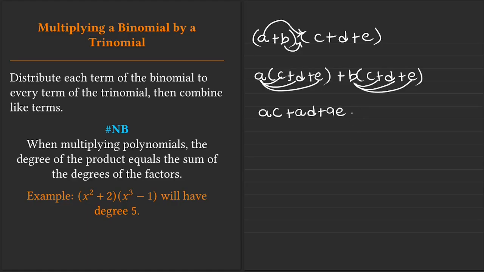Then for this as well, we have B multiplying C, giving us BC, then B multiplying D to give us BD, and finally B multiplying E to give us BE. This is what we have. Just distribute.